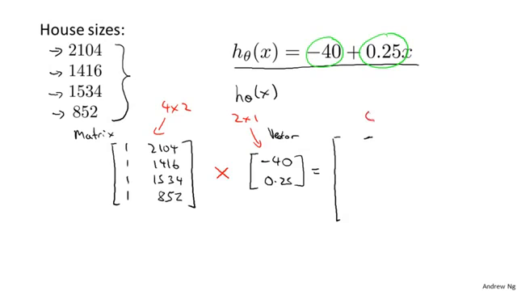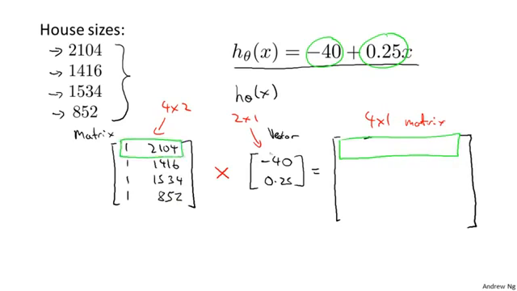So this is going to be a 4 by 1 matrix as the outcome, or really a 4-dimensional vector. Let me write in one of my 4 elements; we have 4 raw numbers here. The first element of this result, the way I get that is I take this and multiply it by the vector.